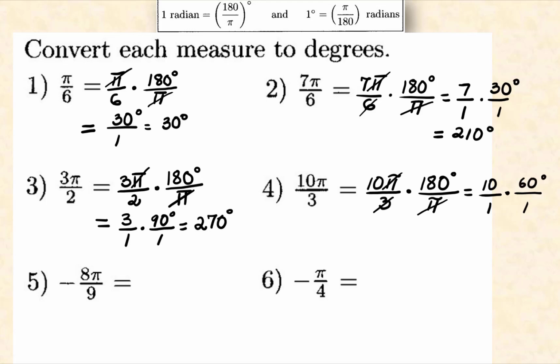And 10 over 1 times 60 over 1 is 600 degrees.